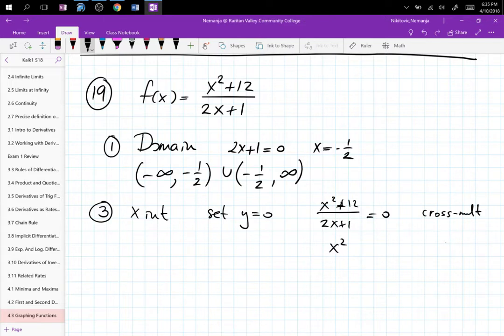So all I have is x squared plus 12 equal to 0. Now what does that mean? Well, there's no solution. This factors over complex numbers. So no solution means no x-intercept. That's okay. Functions don't have to cross x-axis. It's fine.